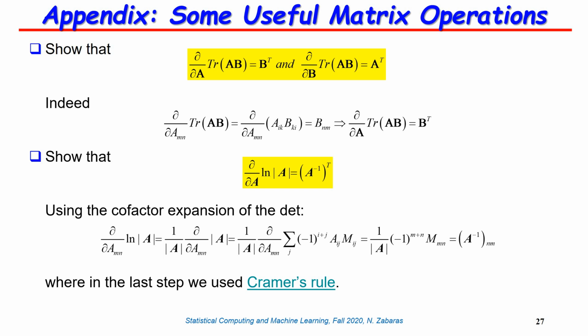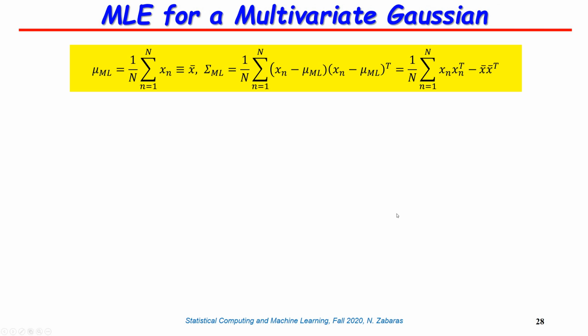Okay, so that's the answer for the multivariate Gaussian. You can see the results written here, and I give you an alternative form for the MLE estimate for sigma that involves the summation of xn xn transpose and the sample mean.